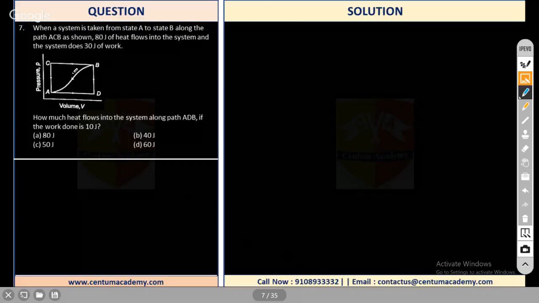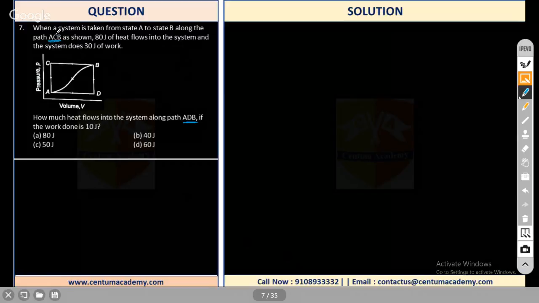Since we are talking about these two paths, ACB and ADB, this graph is a cyclic graph, but the question is not about a cyclic process. It would be a cyclic process according to the question only when we talk about ADBA or ACBA.